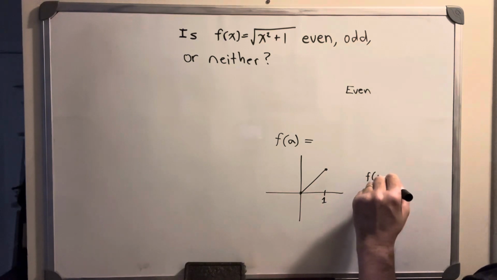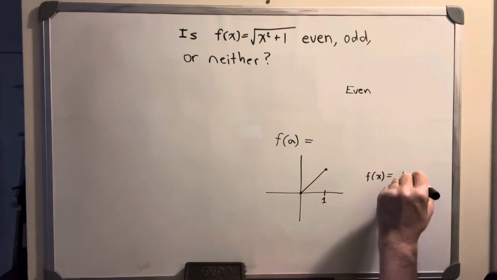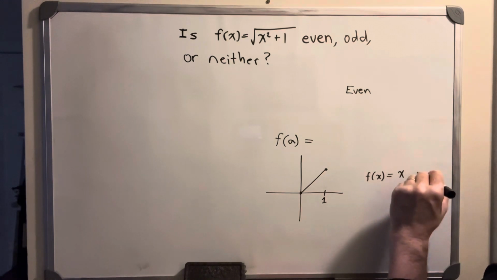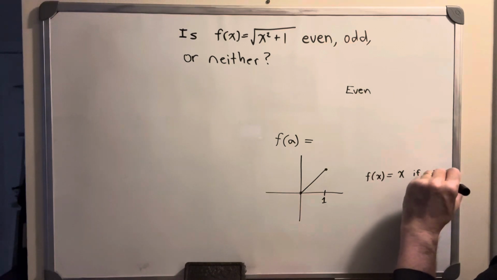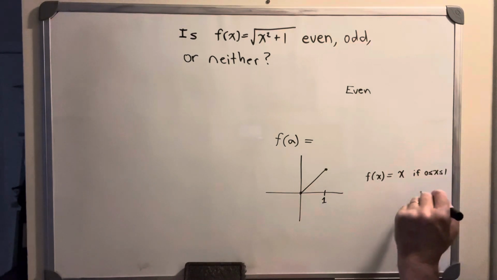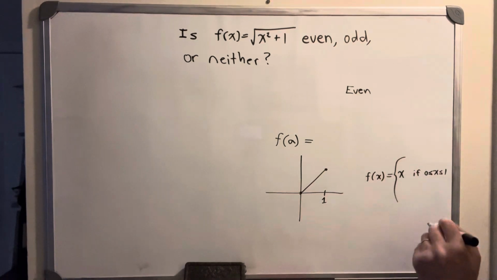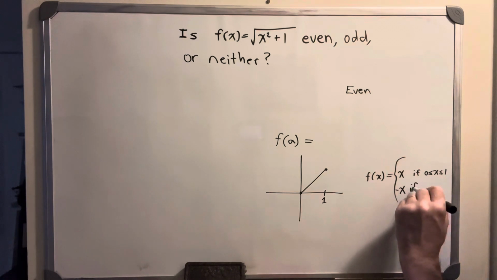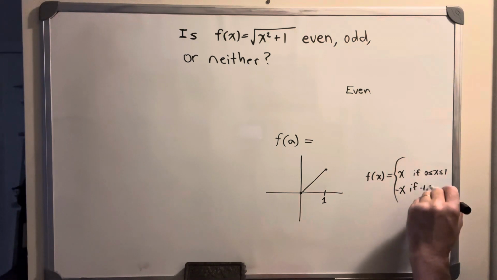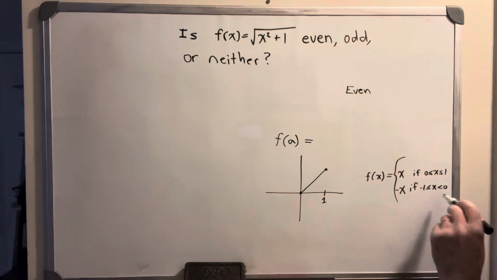And f of x equals x if x is between 0 and 1, and it's equal to minus x if it's on this interval.